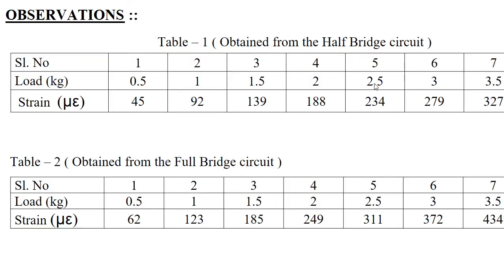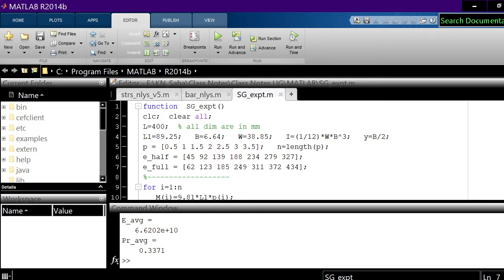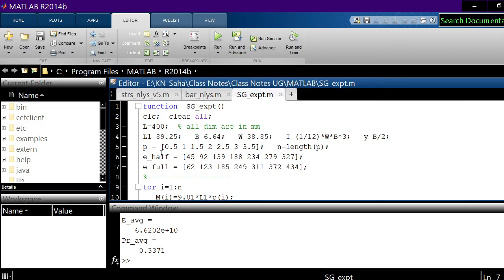We have these results. Load. We have a vector for load. We have another vector for half bridge strain, and for full bridge strain. These things are there in the load vector. This is our load vector. If we calculate how many loads there are, the length of this P vector is our number of loads.